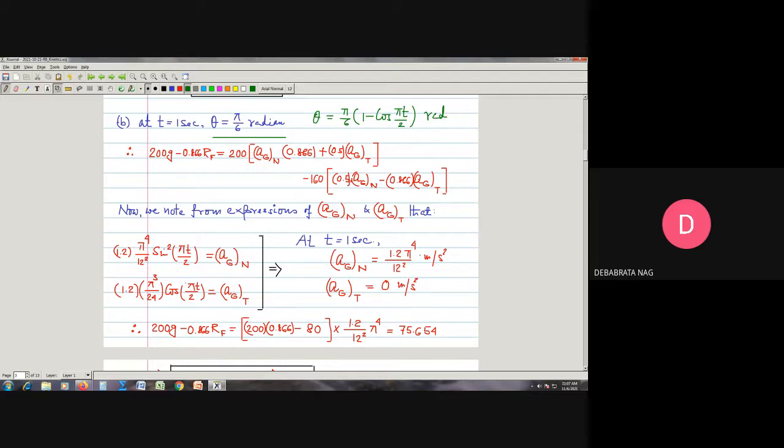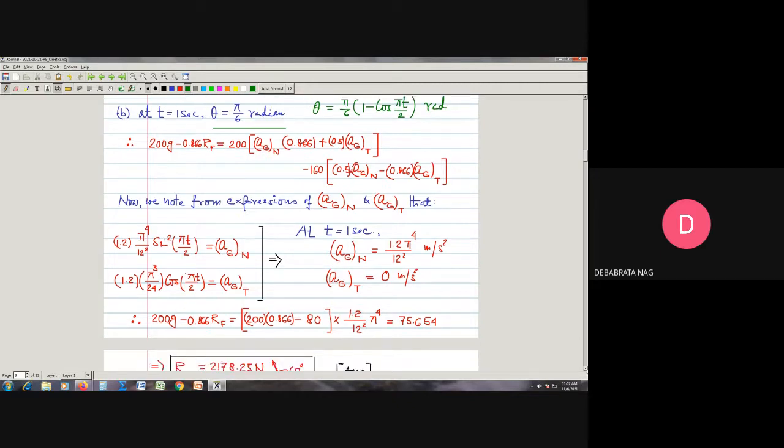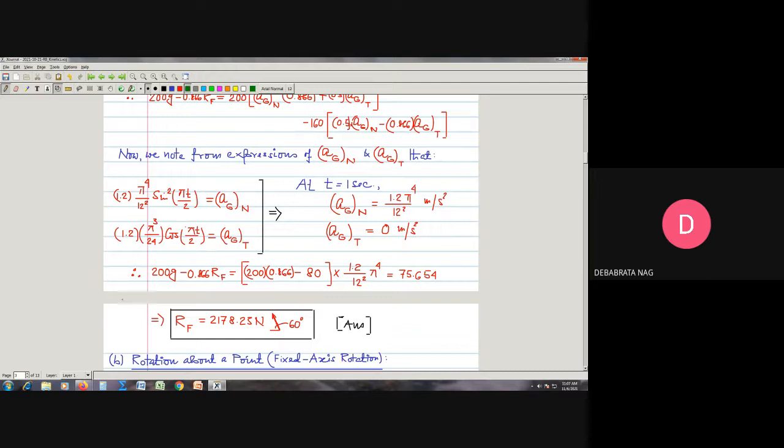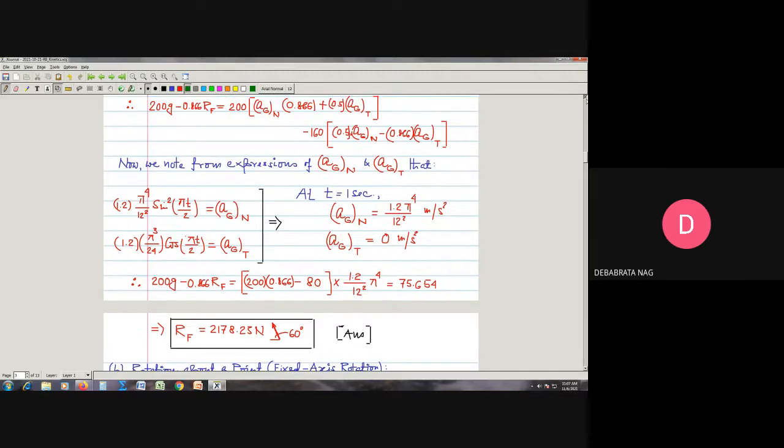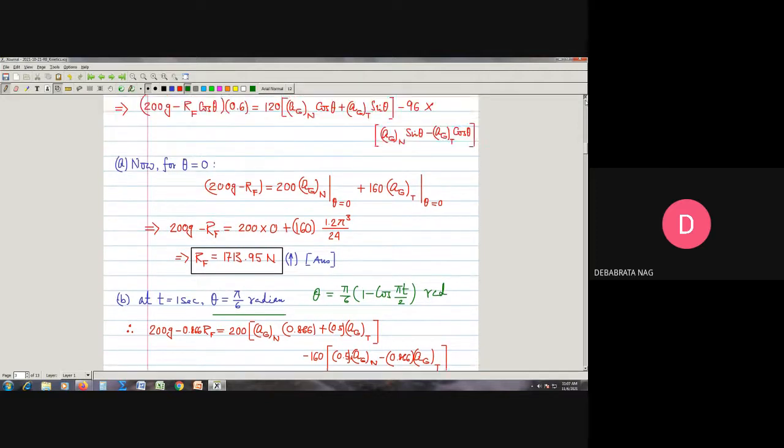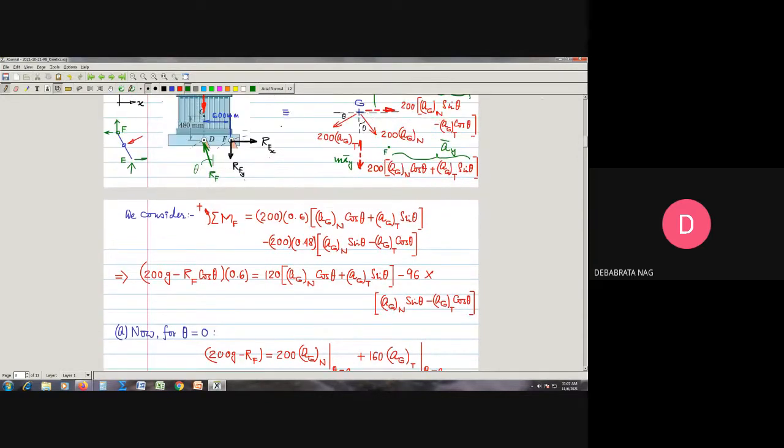So if we substitute these two values into our general equation, we find that it will be 200 G minus 0.866 RF will be given by this particular thing. If we solve, we find that the value of the reaction force at point F turns out to be 278.23 Newton, and of course this reaction force now will be actually at an angle of 60 degree with respect to the vertical.